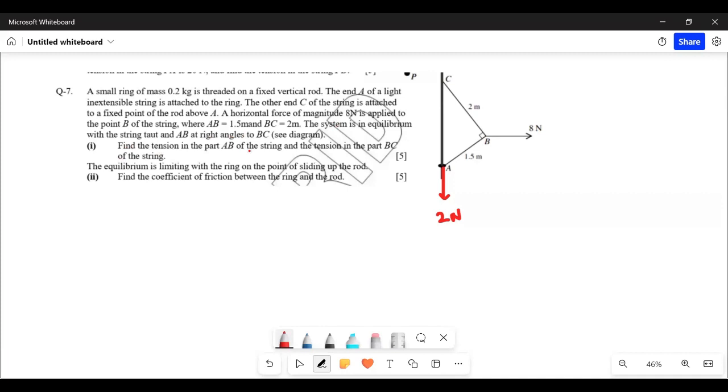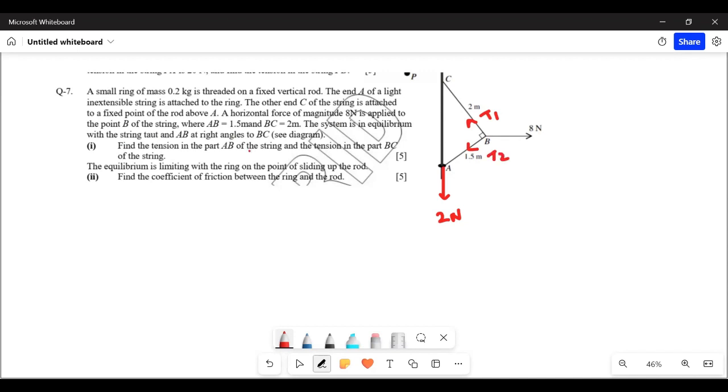So they already told you in the question that both parts of the string will have different values of tension. Even if they had not said that, you would have known, since the triangle being formed is not an isosceles triangle. So let's call one of the tensions T1 and one of the tensions T2.